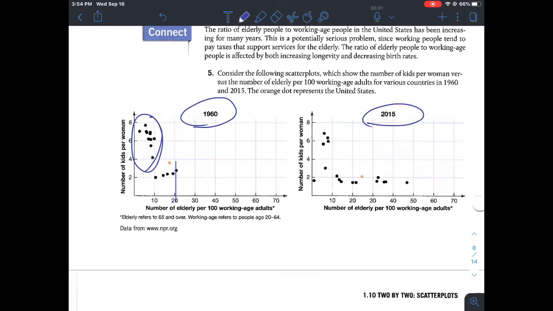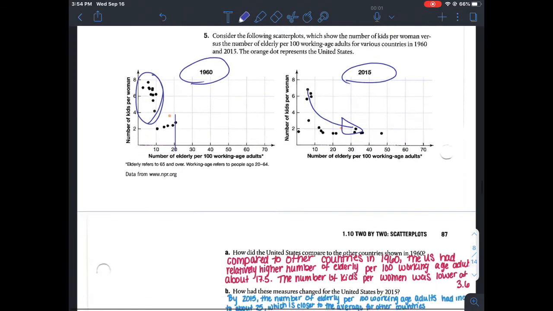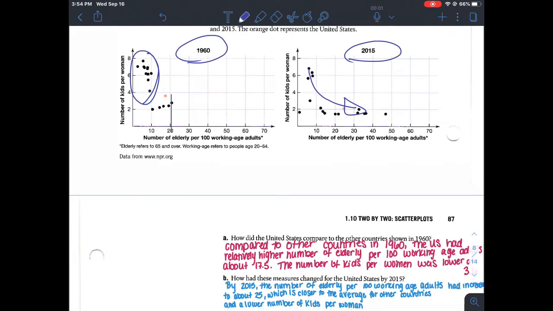So a lot of kids, not too many adults, elderly, I should say. And then in 2015, our graph kind of like fell down. We have more elderly people and less children being born per woman. And that is it.